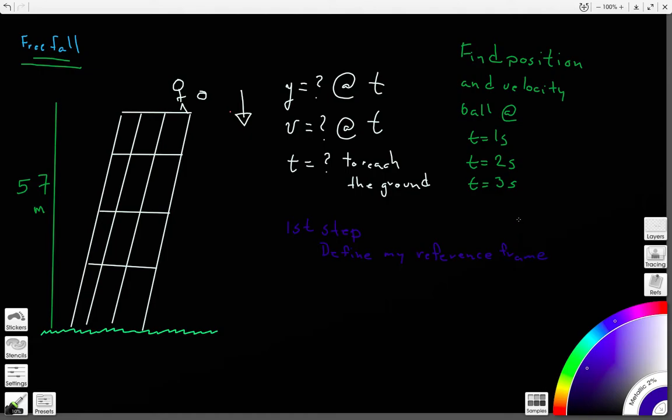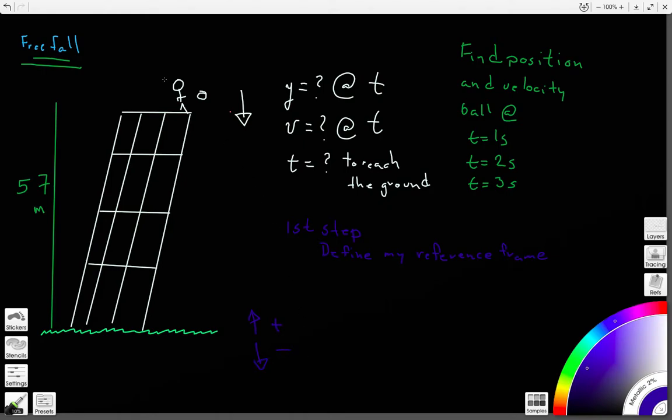Because remember, these equations, whether they give us a positive sign or a negative sign, will only have meaning with respect to our reference frame. So in this example, I will say that up is positive and down is negative.